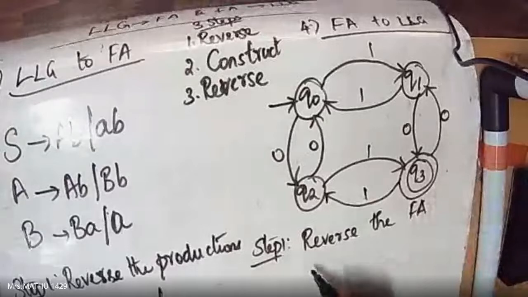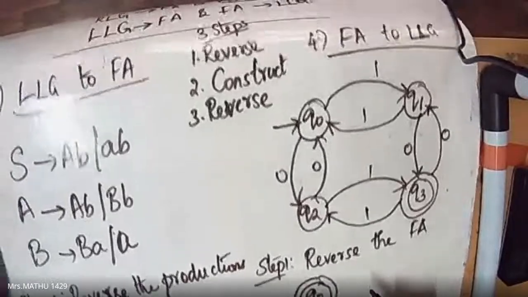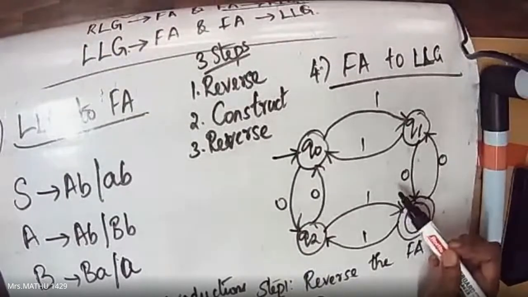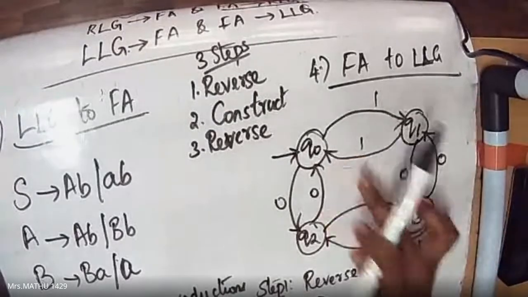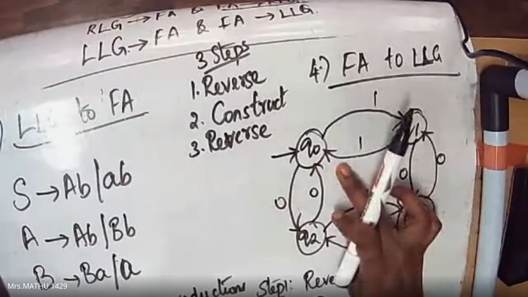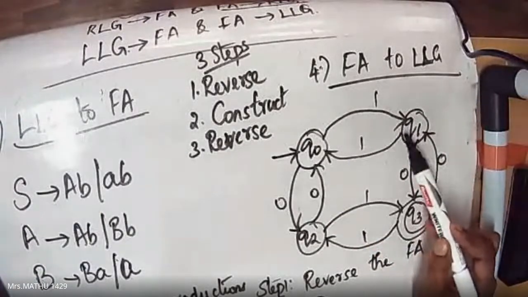So while doing so, Q0 becomes the final state. And in this particular case, since all the edges are connected as a loop between two states, when you reverse this edge, it will be like this one.